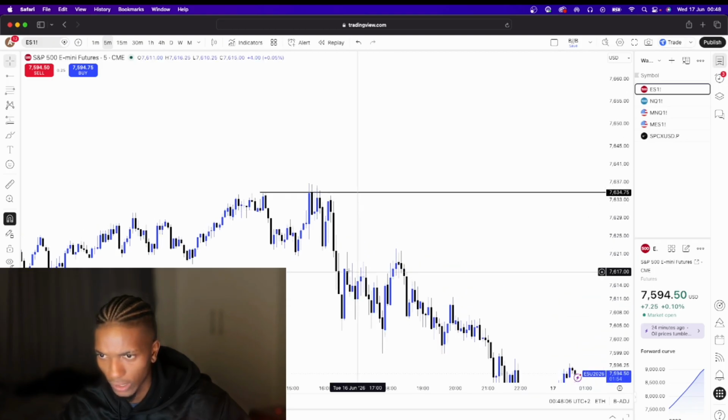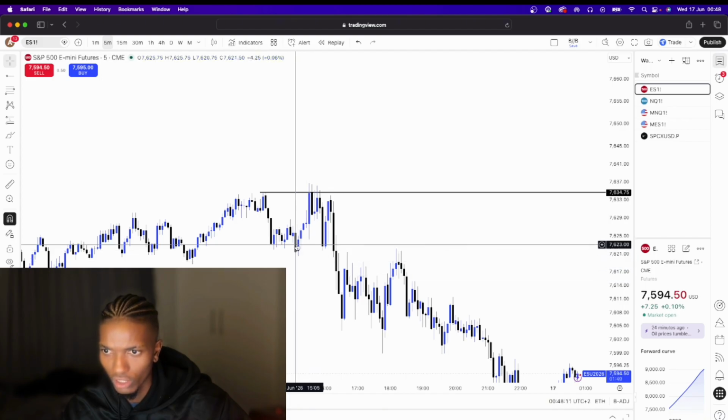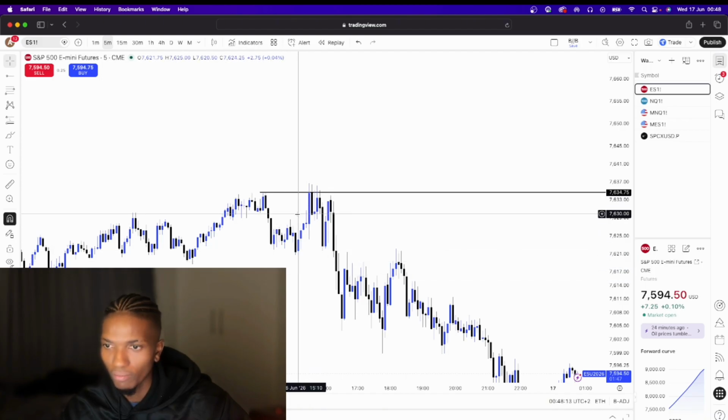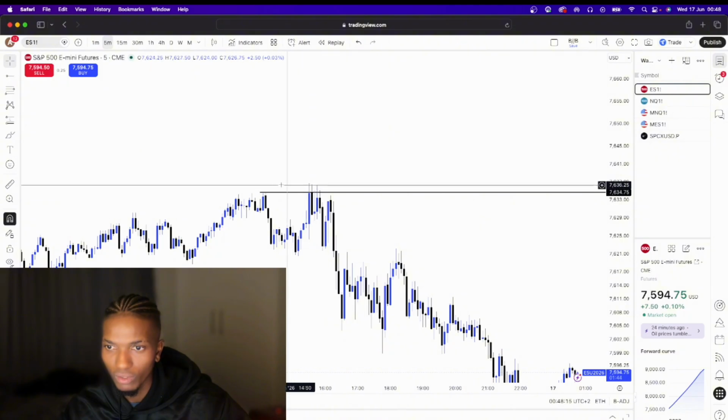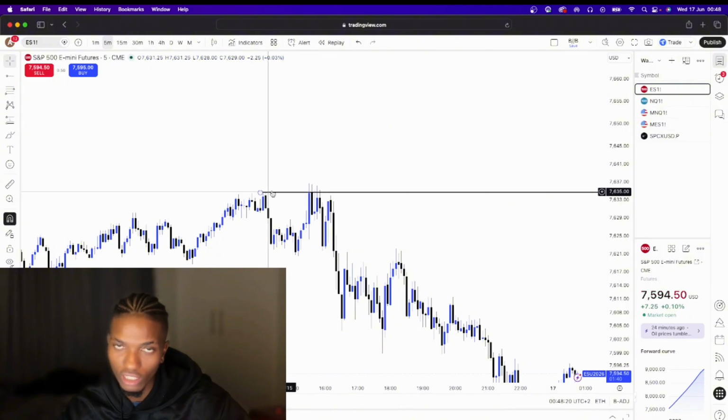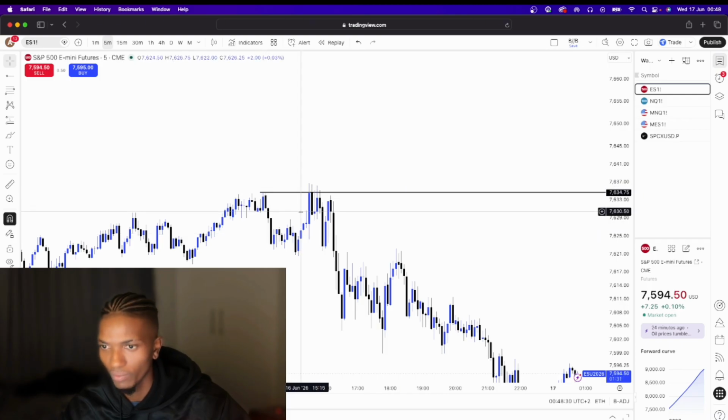There, see? So this is London's high. Price went straight up, right? Because we know there's liquidity here, there are pending orders, there are sell stops as well, right? For people who sold ES down here, they put their stop losses here, right?